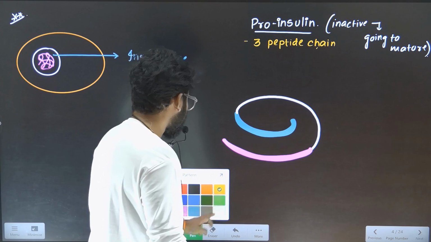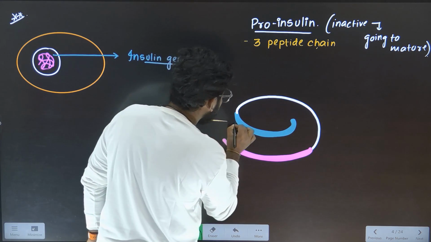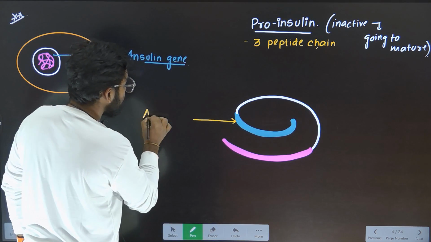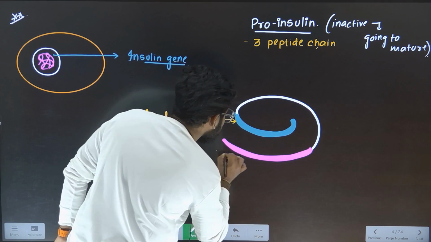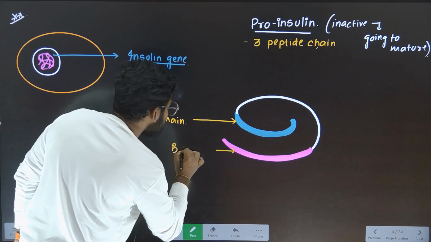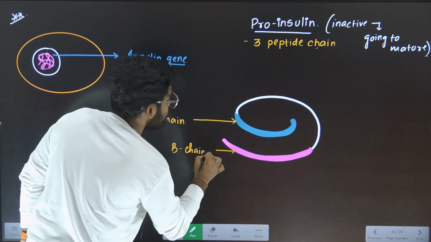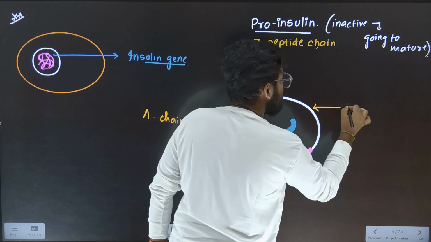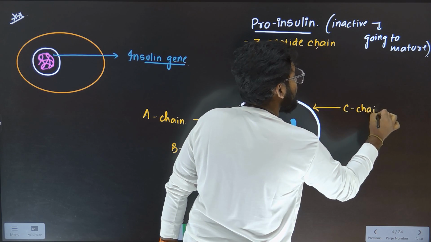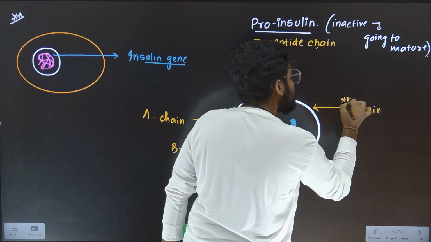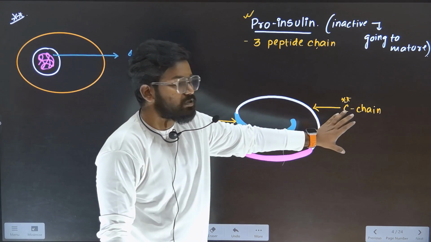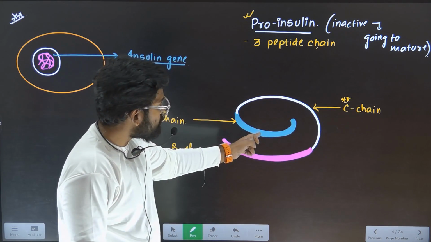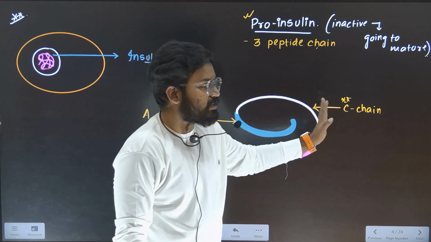This is the A chain, this one is the B chain, and this one, a connecting chain, is known as the C chain. And this C chain is present in pro-insulin only. Clear? When the insulin is not yet matured. From pro-insulin to matured insulin, this C chain is lost.